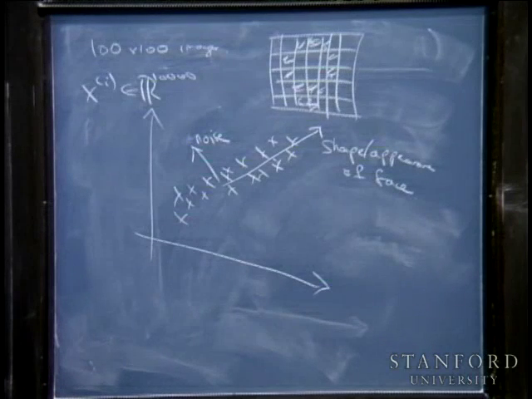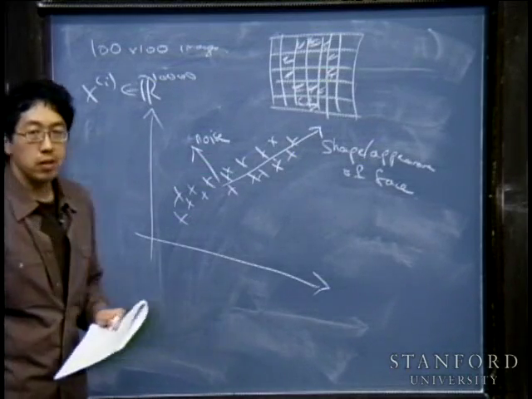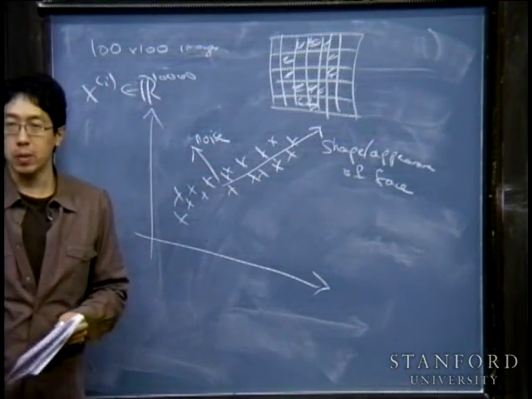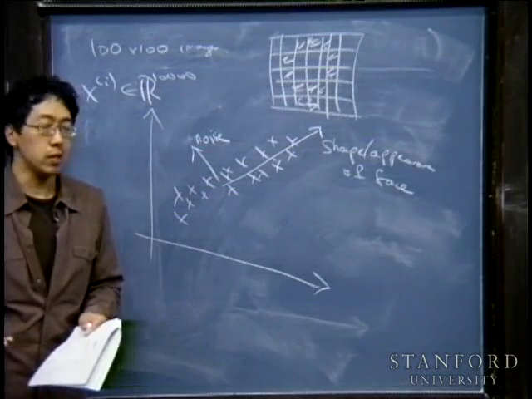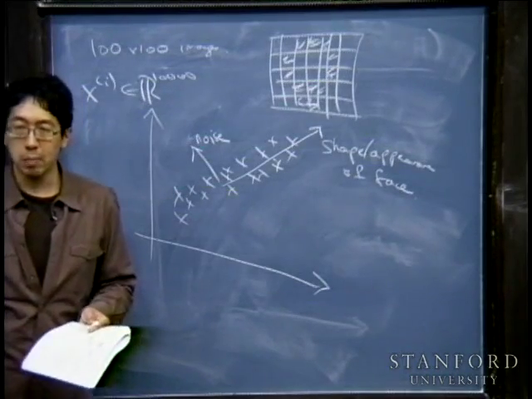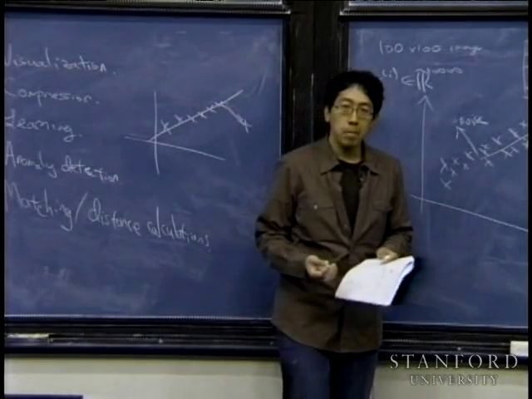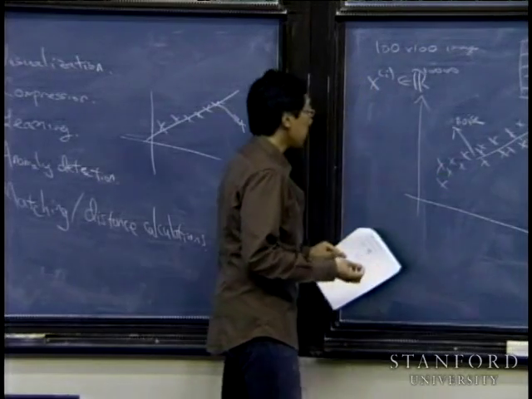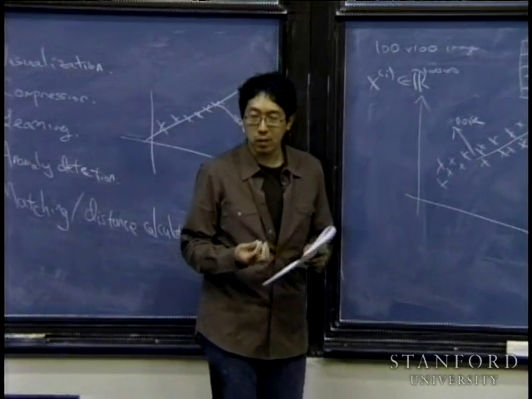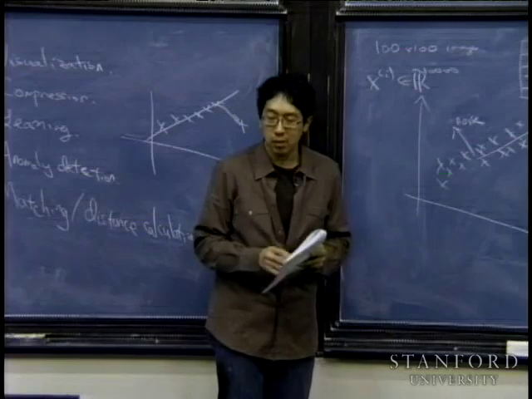For face recognition, I might give you a picture of a face and ask what face looks the most similar to this, or ask you to find other pictures of the same person. The key step is to look at two faces and compare how similar they are.